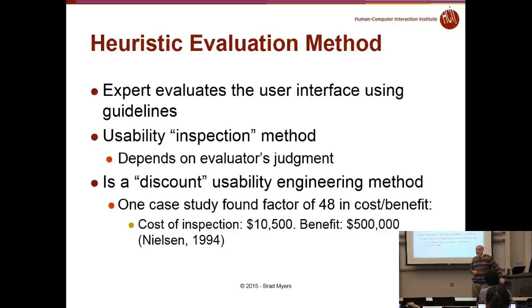Nielsen did some studies where he tried to evaluate the cost of some of the problems that were found to a company compared to the cost of actually running the evaluation. And so he came up with these numbers that it's up to 50 times cheaper to do a heuristic analysis compared to waiting around and trying to fix the problems later, or doing a user study to find all these problems.